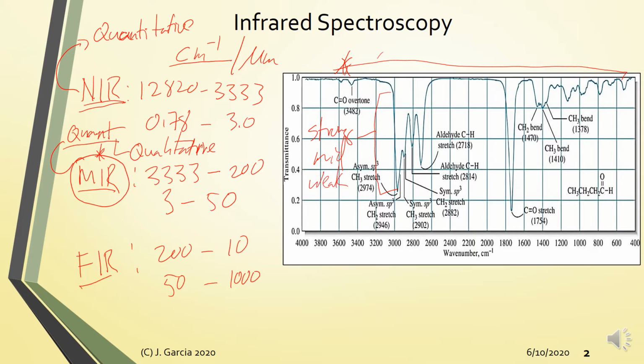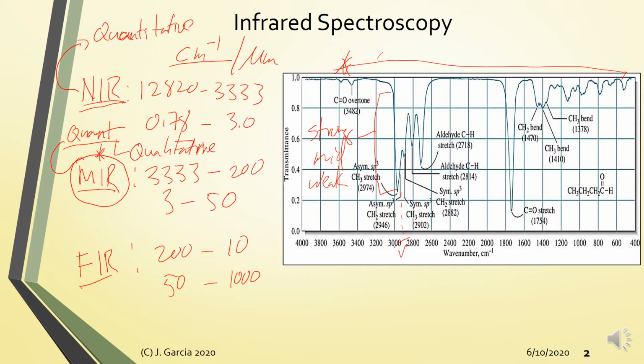Also, an important characteristic is the wave number, at which wave number each peak hits. And we know that each wave number designated for a peak corresponds to a particular vibrational mode, which is unique for a given molecule, given that they have their own sets of molecular bonds.